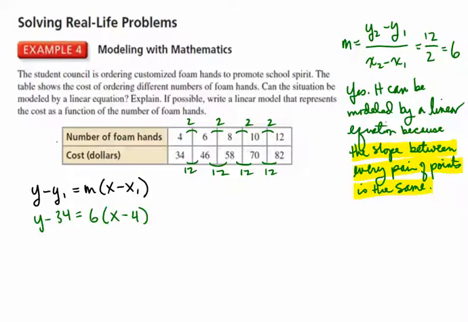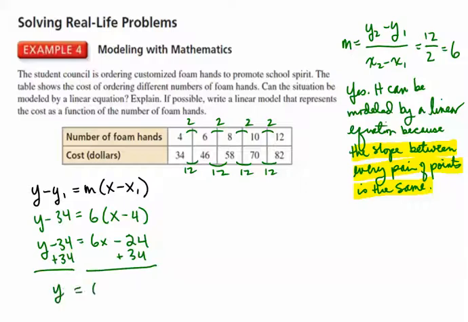So that's the point-slope form. We're next going to multiply out to distribute. We get 6x minus 24, and y minus 34 on the right. When I add 34 to both sides, I end up with y is equal to 6x plus 10, and that is the final linear model.